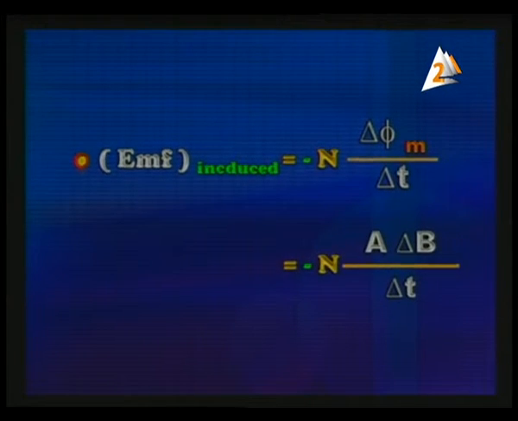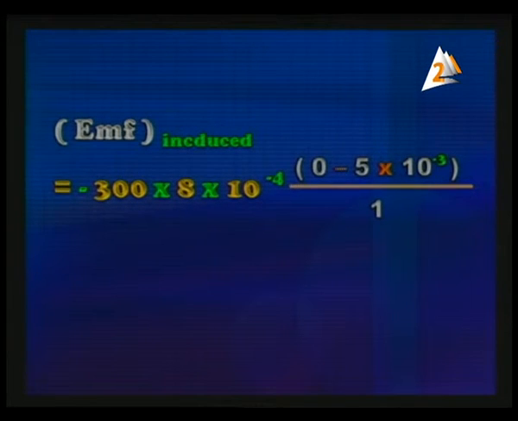So EMF equals negative N phi, which is equal to A, and change of the magnetic flux density over delta T. So we can say EMF induced is equal to negative 300. 300 is the number of turns.